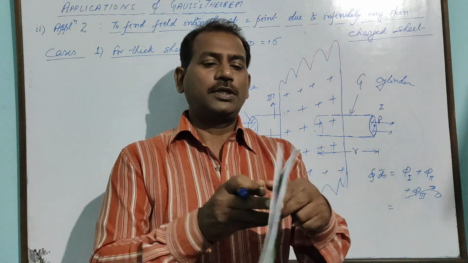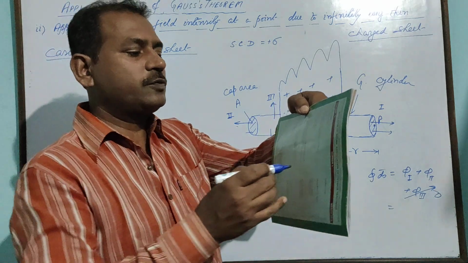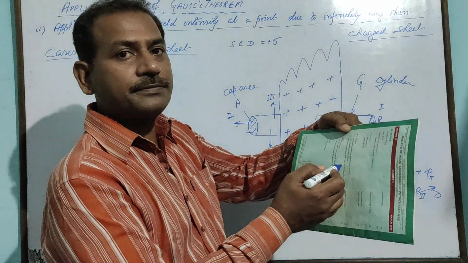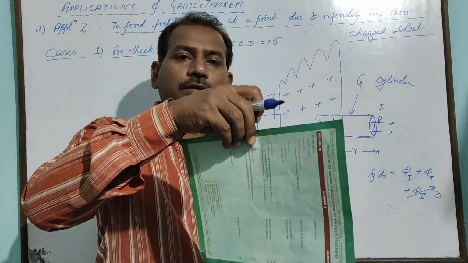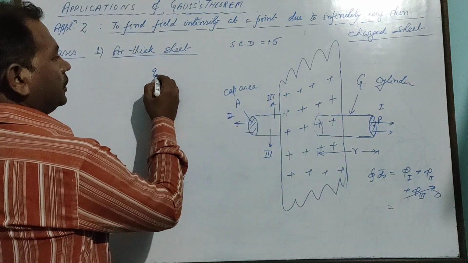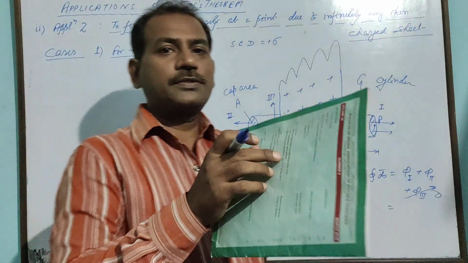This means when you are taking a Gaussian surface, while penetrating, it will accept the charge from this particular place. You can understand, from this face it will collect the charge. So it will be sigma A from this place.